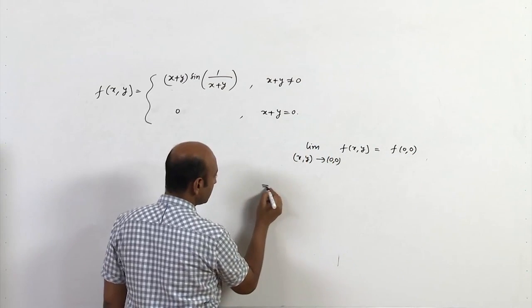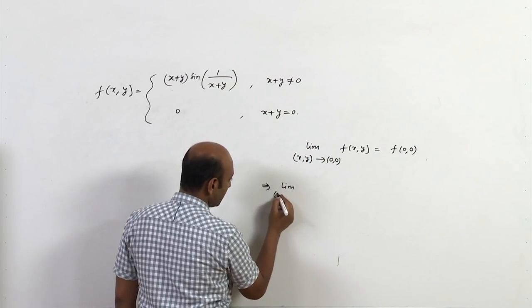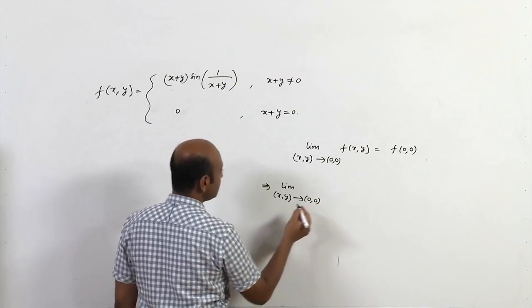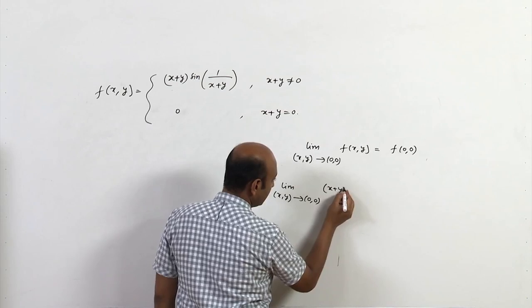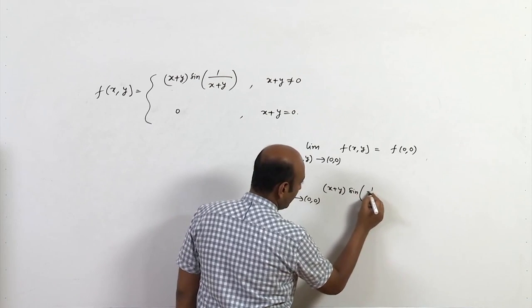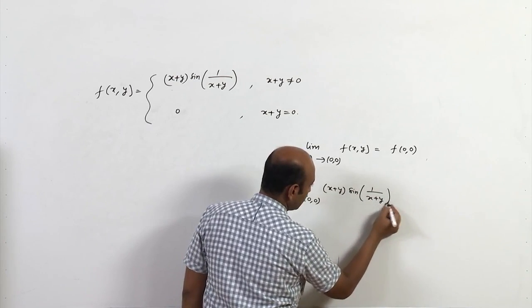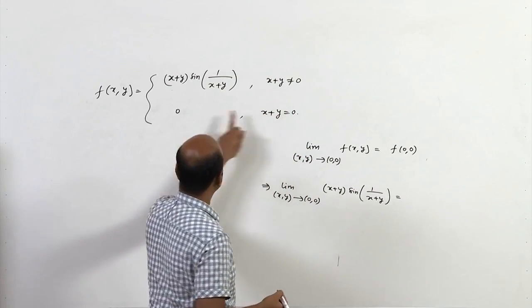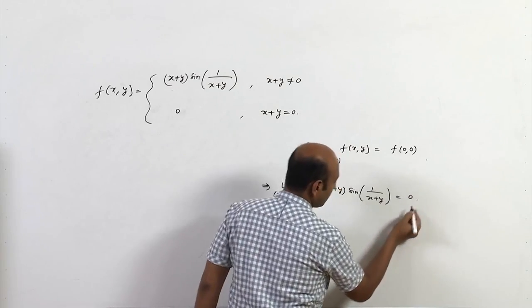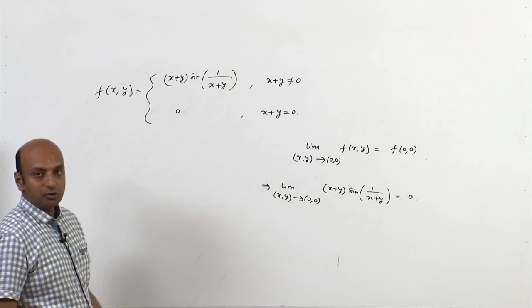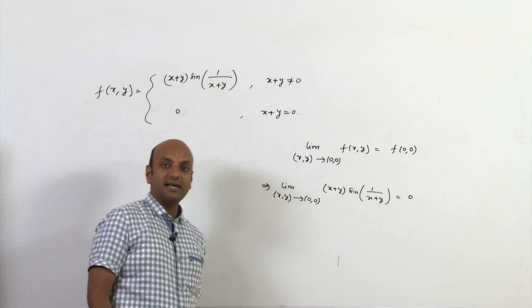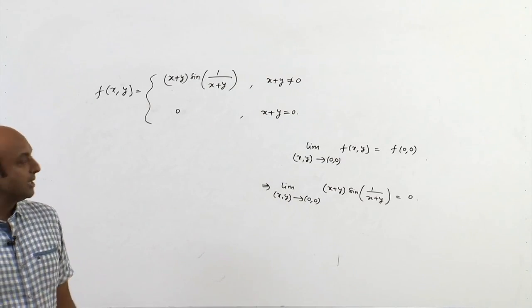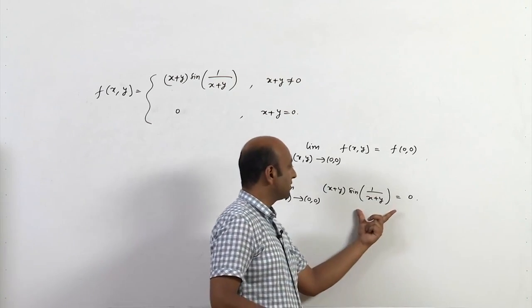This means the limit of (x plus y) sine 1 upon (x plus y) is equal to f(0,0), which is 0 plus 0, that is 0. So, this we have to show.